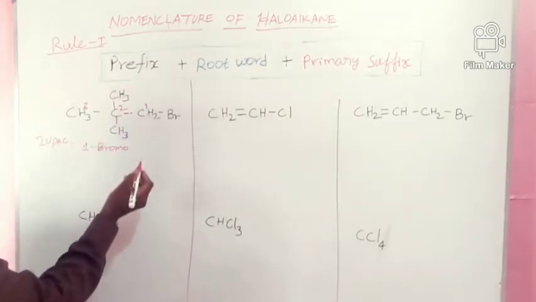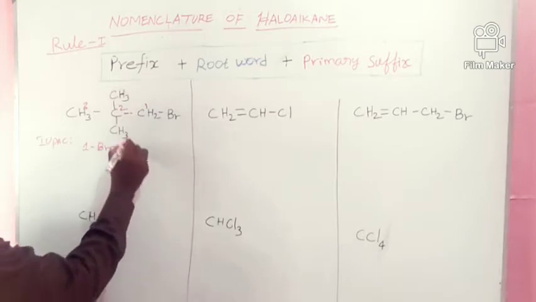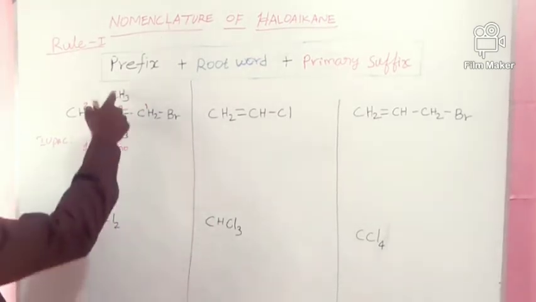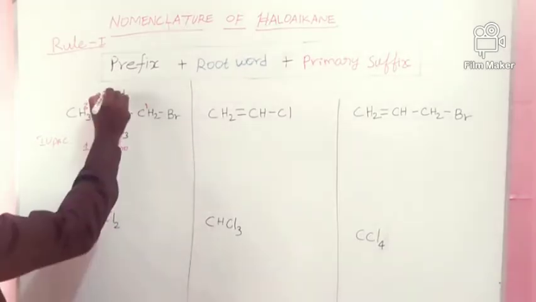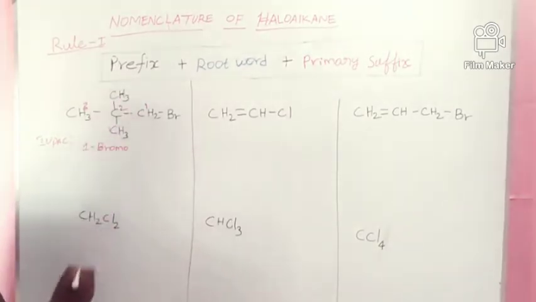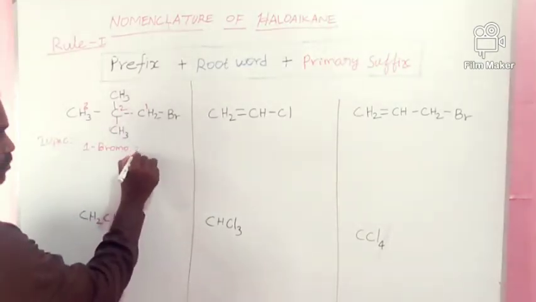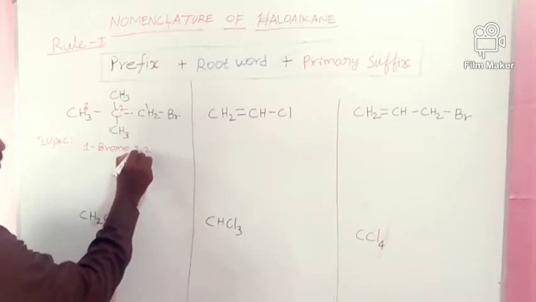How many carbons are there? 2 carbons. So here methyl groups are present. 2 methyl group substituents are present. This one methyl group, this one methyl group. So this methyl group is attached to which position of the carbon? Second position of the carbon. 2, 2. See, I have written it 2 times.